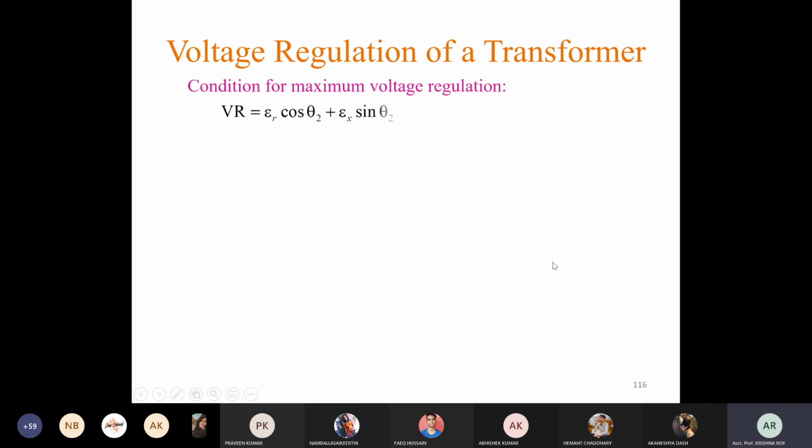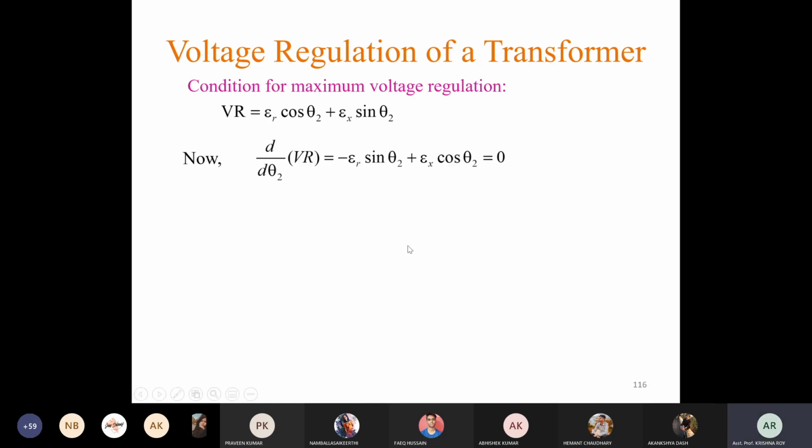Okay, so here the voltage regulation expression for a lagging power factor load is given by: voltage regulation equals per unit resistance times load power factor plus per unit reactance times sine of the load power factor angle.